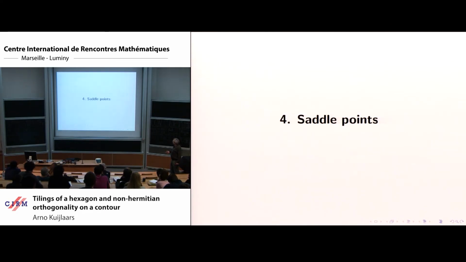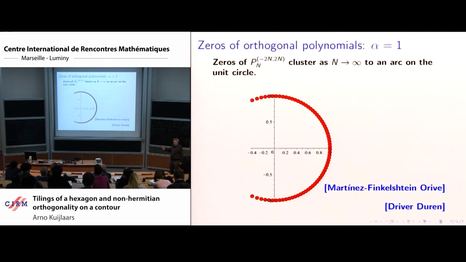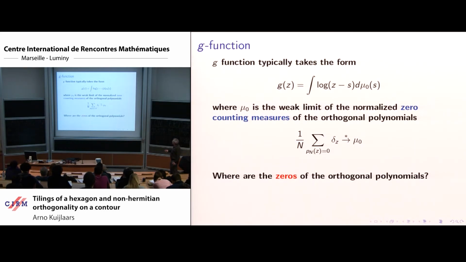Okay. So let me tell you how we find these saddle points and what is the saddle point equation. We first have to go through analysis of these orthogonal polynomials. We will do Riemann-Hilbert analysis for that, but not yet.